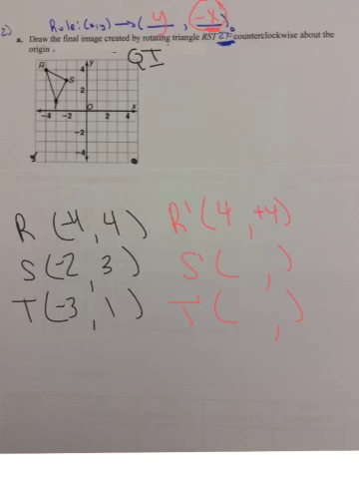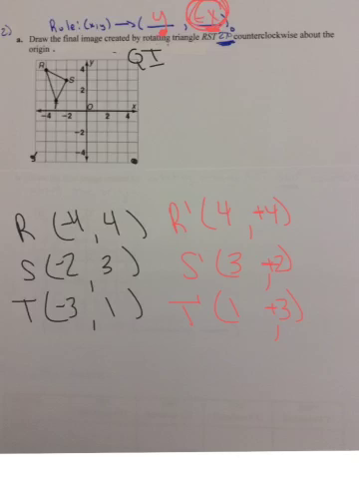Okay, S prime. So we had negative 2, 3. The y means you're going to put the y coordinate first. So 3, negative 2. The negative x means to change the sign. So this was negative 2, now it's a positive 2. T prime. The y coordinate comes first, so we'll put the 1 first, then the negative 3, but this negative x means to change the sign, which means this becomes a positive 3.